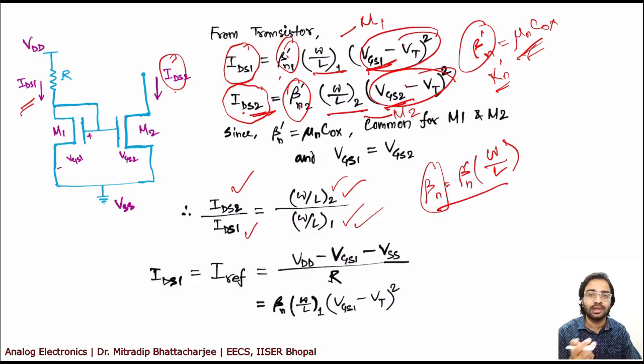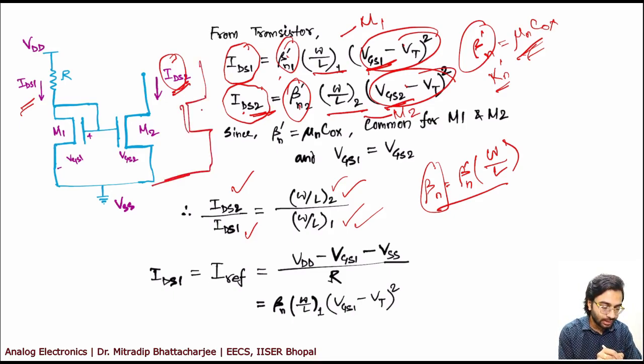The ratio is twice the other. Okay, you can choose the value accordingly so that you can control this IDS2 value. Now, the advantage of this is that using the same control, you can bias different transistors with different values if required.